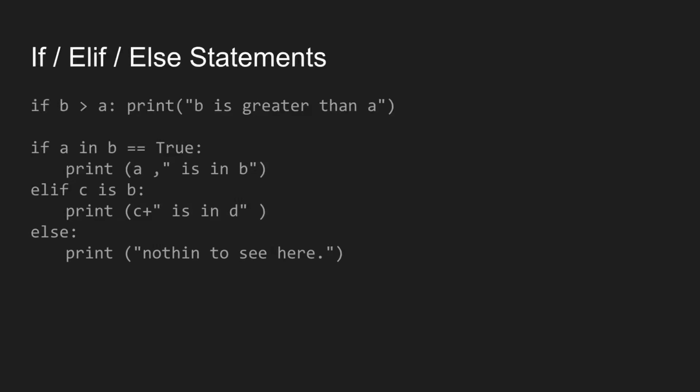B is a list, and A is a string that you want to know if it's in that list. All right, or it could be a number within a list of numbers, right? A and B will return true. So I don't really need equal true? No.